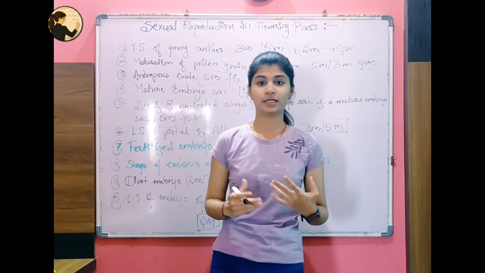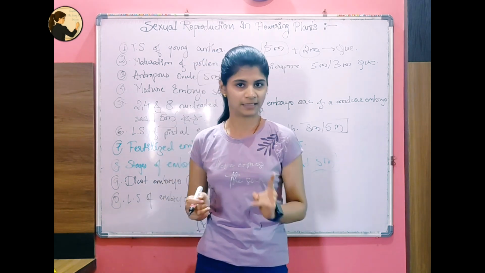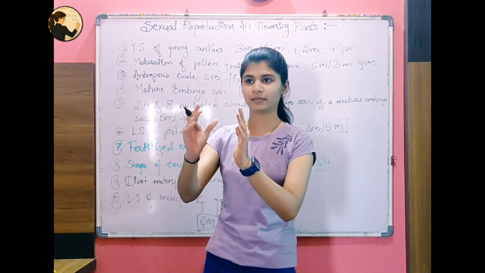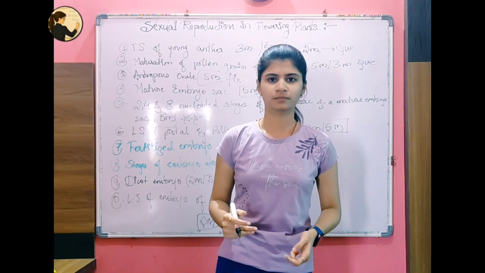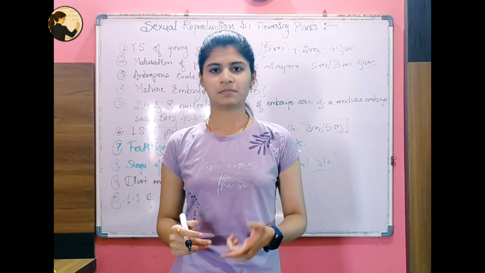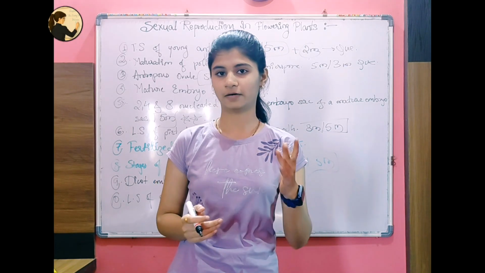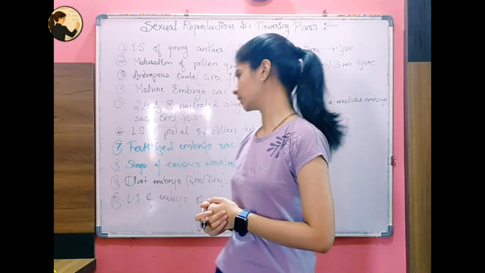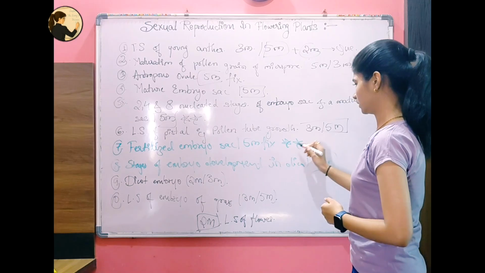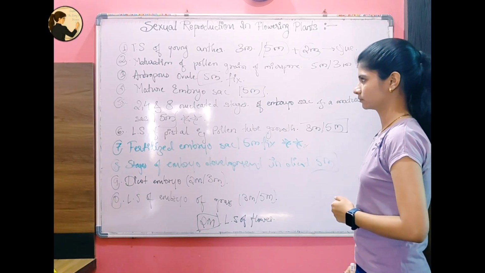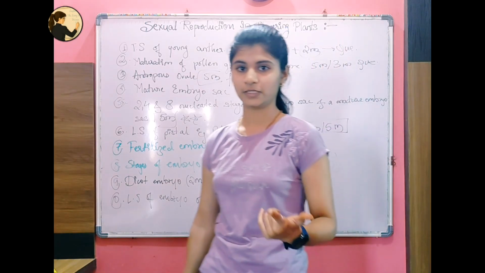It depends on your labeling, with the correct spelling too, okay. If you write words with spelling mistakes, then half or 1 mark will be cut. So these were some double star questions also.